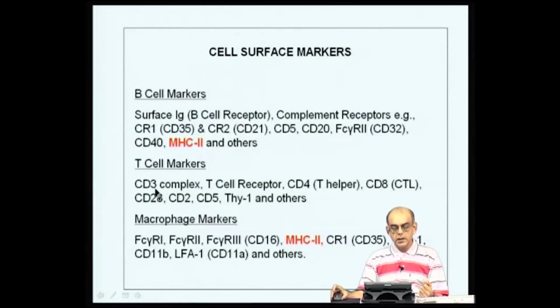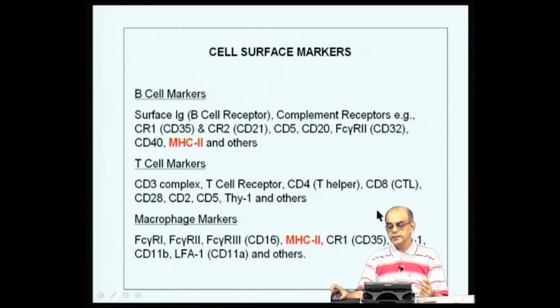Now, T cells are recognized by the expression of a marker called the CD3 complex as well as the T cell receptor, which is one of the most important molecules that recognizes the antigen. The CD4 we just went through characterizes the T helper cells.